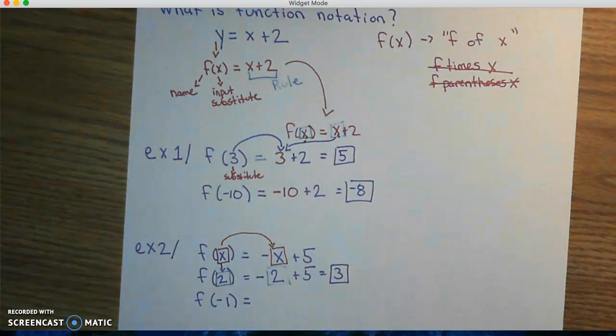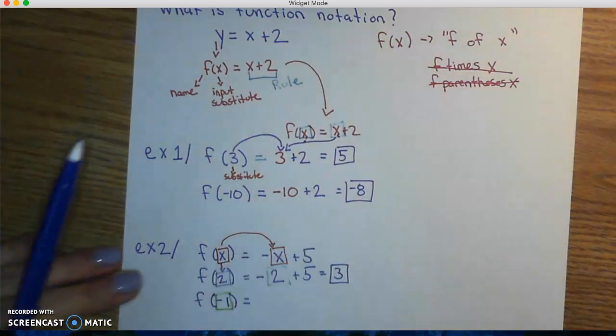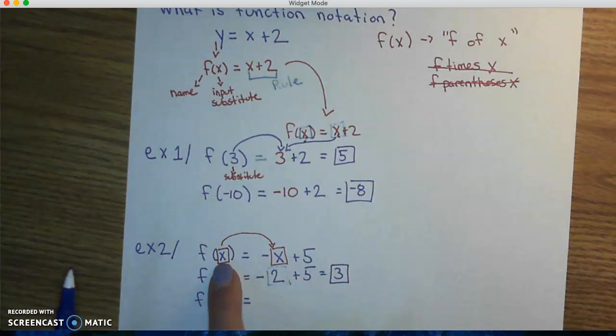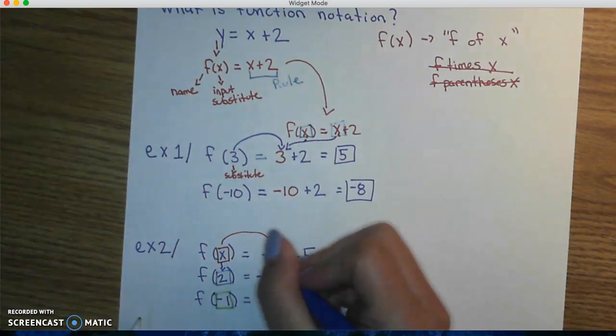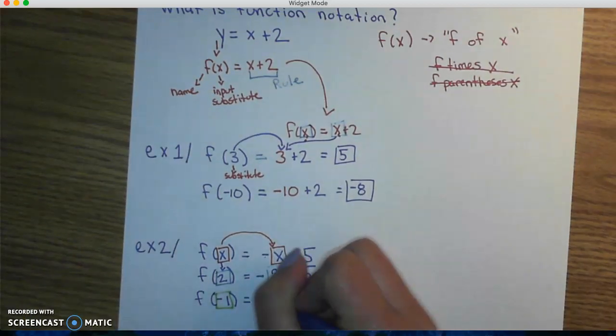Let's try the other one. I'll bring in my green marker. This time, it's not x, it's not 2, my input is negative 1. So instead of x, I'm going to have negative 1. But I have negative, and instead of x, I'm going to have negative 1 plus 5.